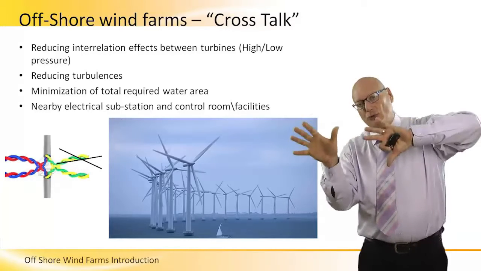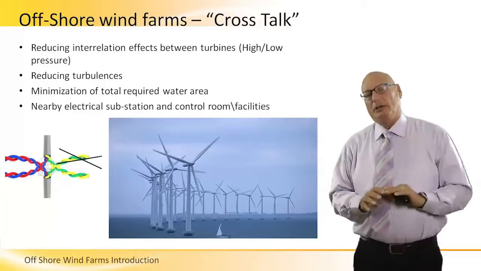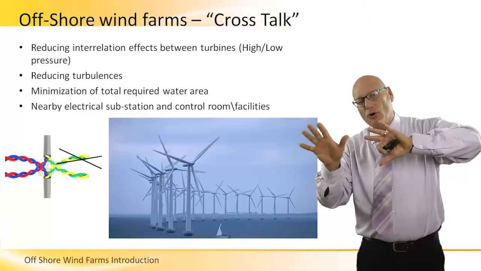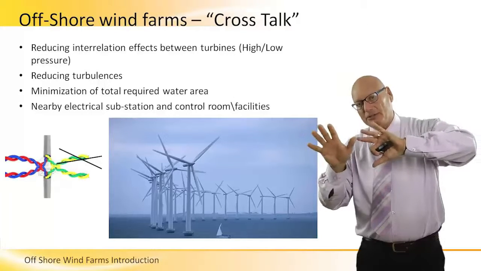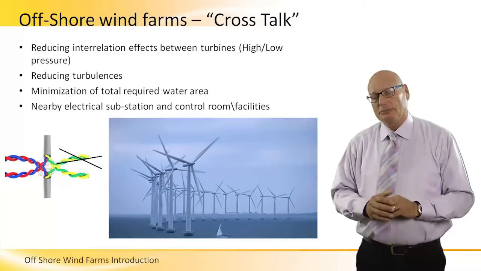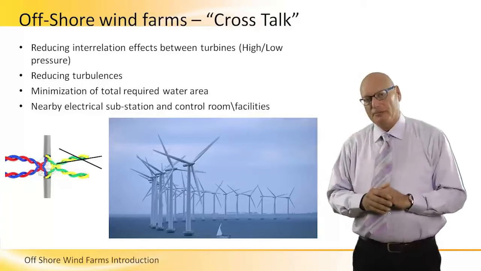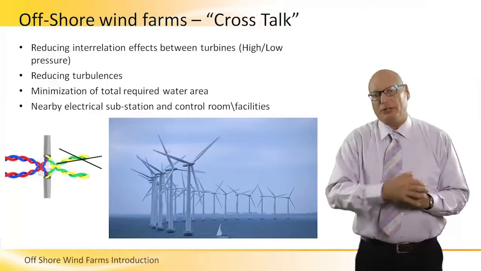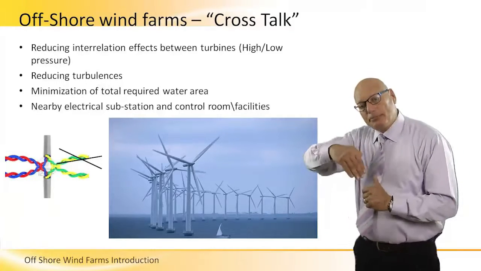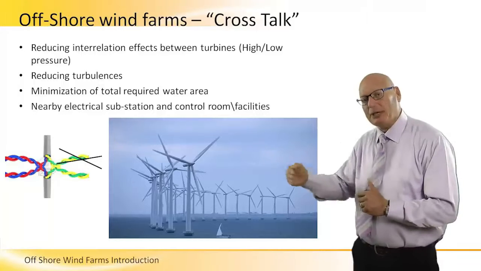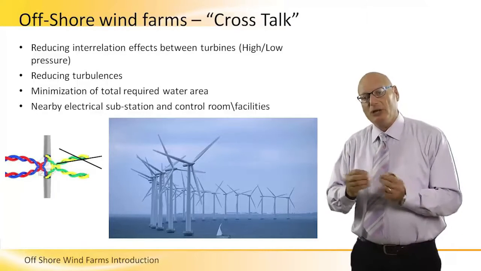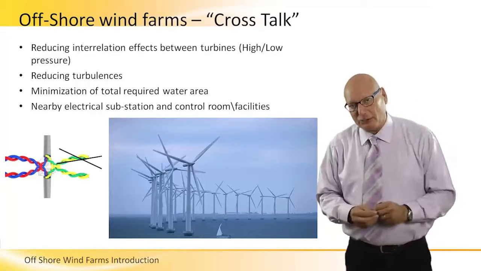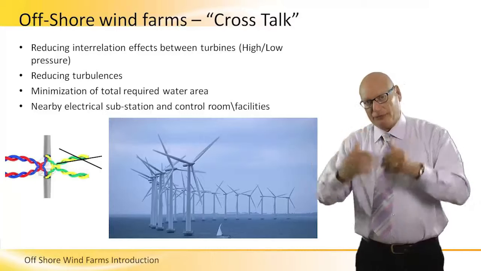So when we have two neighboring rotors or blades, they have high-low pressure gains that affect them together. That's called a crosstalk. One blade affects the neighboring blade, the blade of the neighboring turbine. Placing the farm in a banana shape reduces the high-low pressure that is being generated because of the interrelation of neighboring turbines.